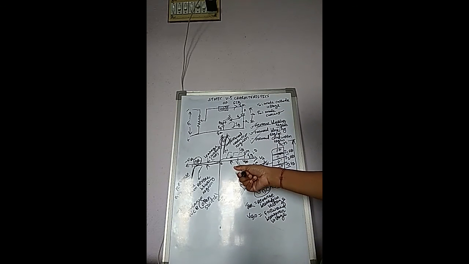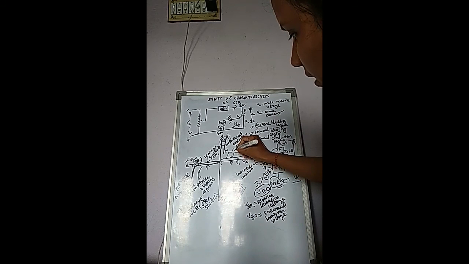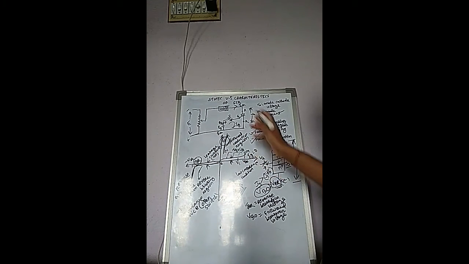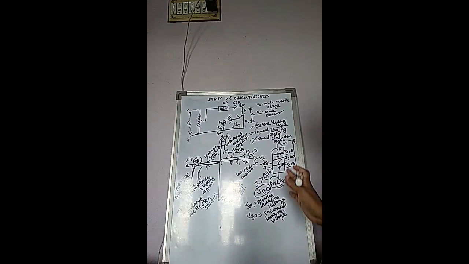So V1 is obviously reduced; it is lesser than VBO. Then I apply another gate current, Ig2. That means I am increasing the gate current level Ig. Initially Ig equals 0, then I shift to Ig1, then increase the Ig value to Ig2.